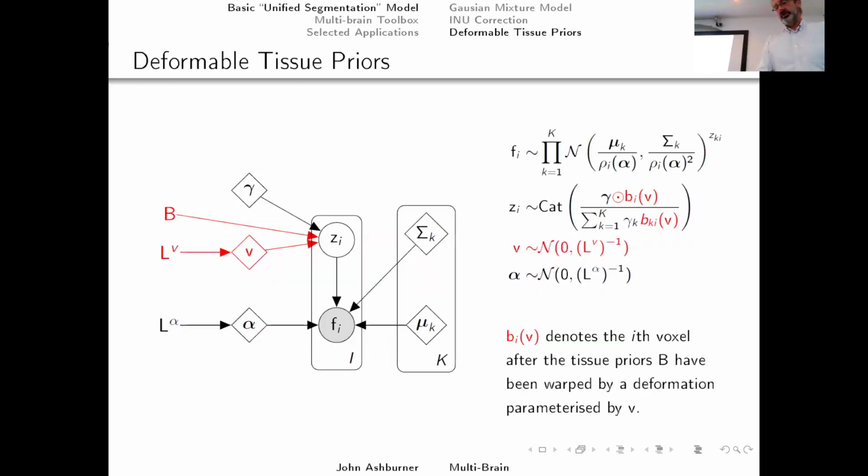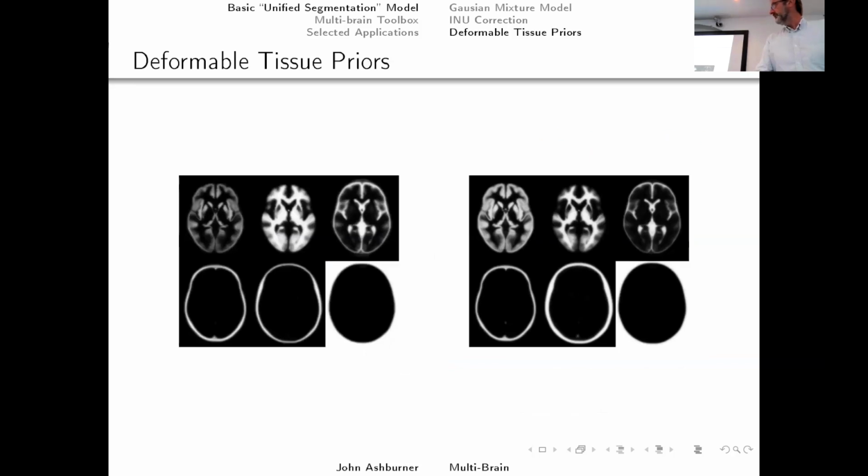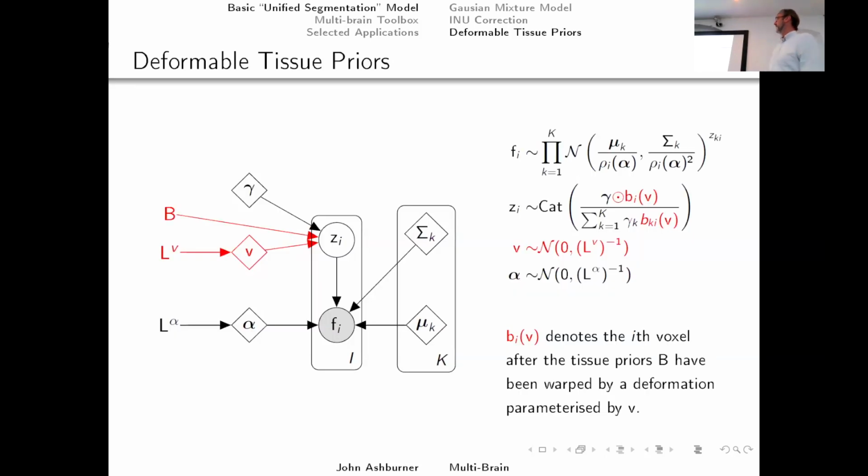Then there are some other parameters to tweak the relative scalings of the priors. So deformable tissue priors, with some representation of a deformation, which is regularized.